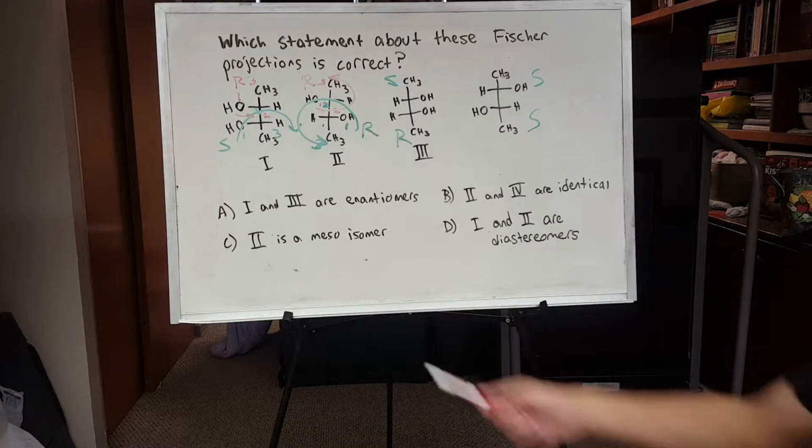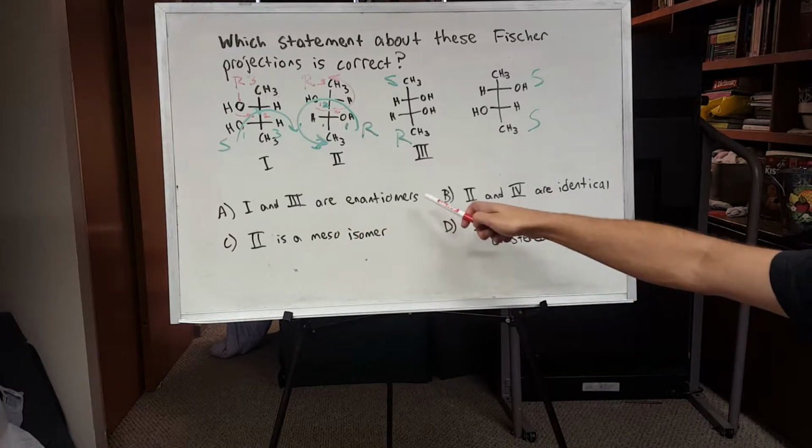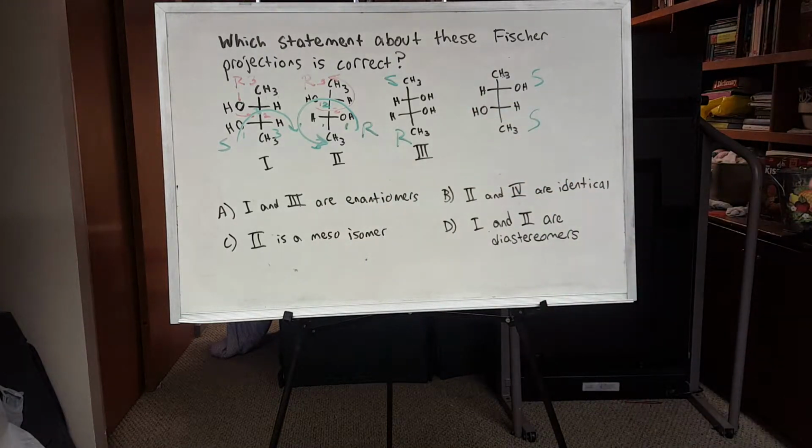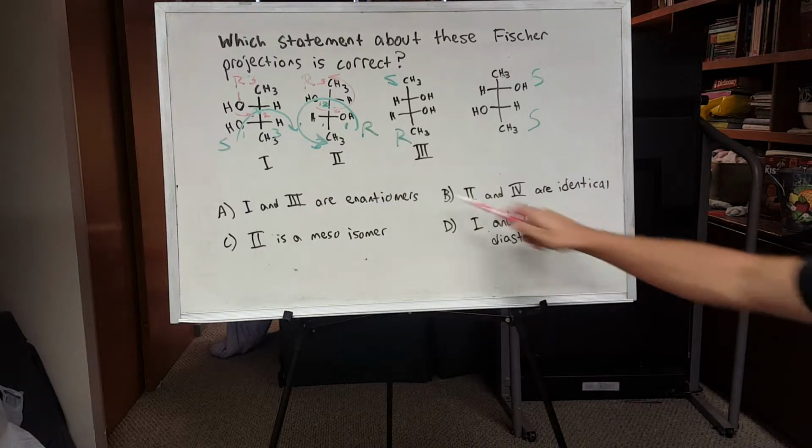So, let's see, 1 and 3 are enantiomers. RS, RS. That looks good to me, unless they're meso, which, yeah, they are, aren't they? Let's keep going. 2 and 4 are identical.